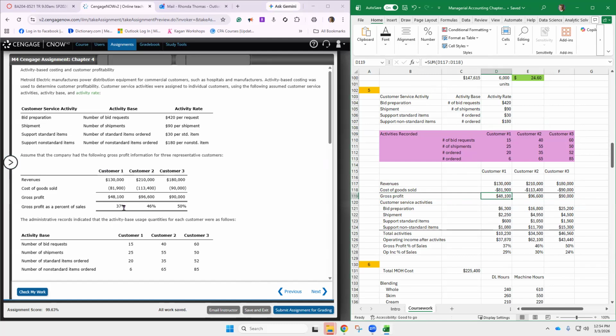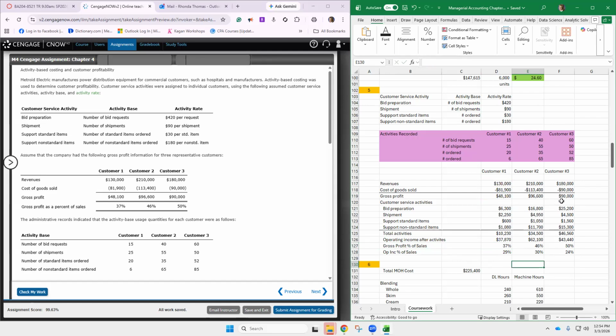gross profit. Now, yes, they did this for us, and they also gave the gross profit as a percent of sales. So down here is my gross profit percent of sales. What this does is it takes the gross profit and divides by the revenue for all of them.